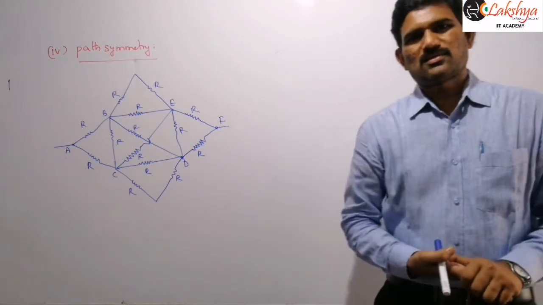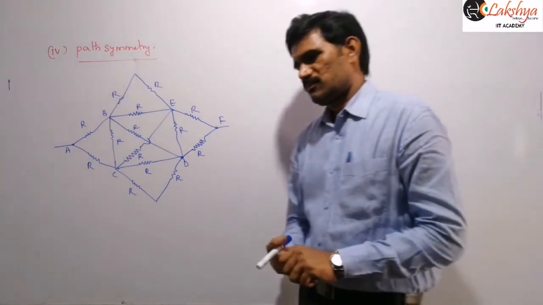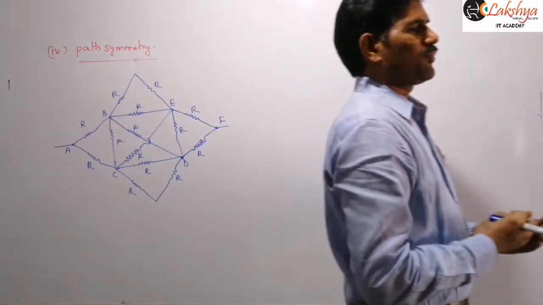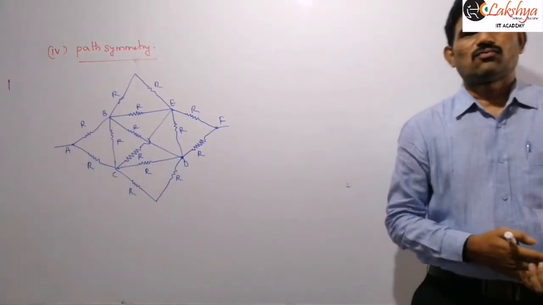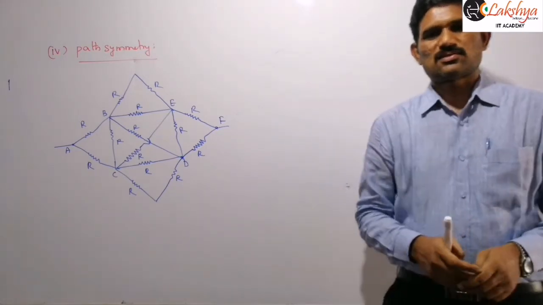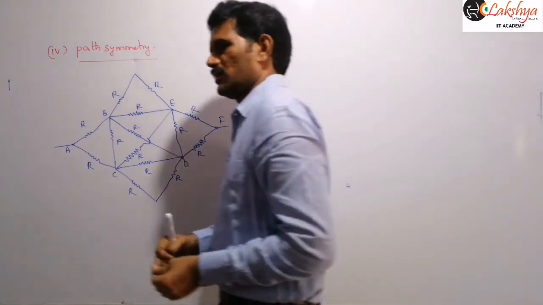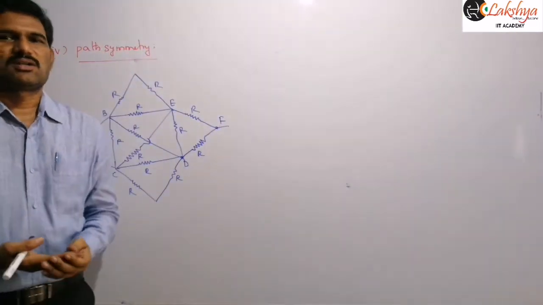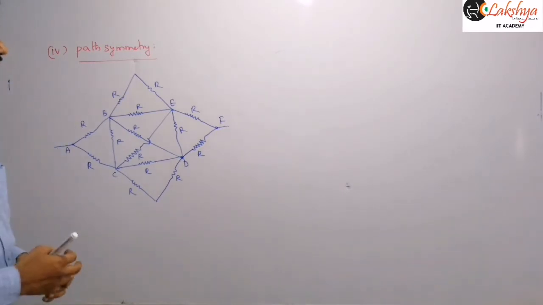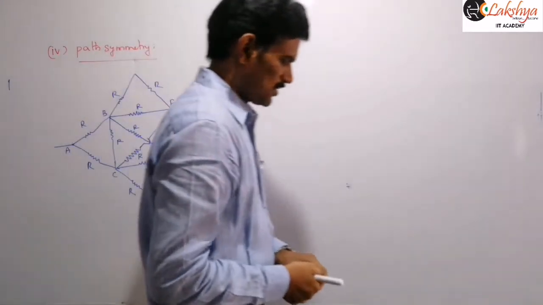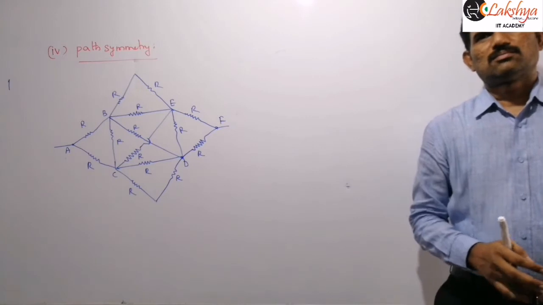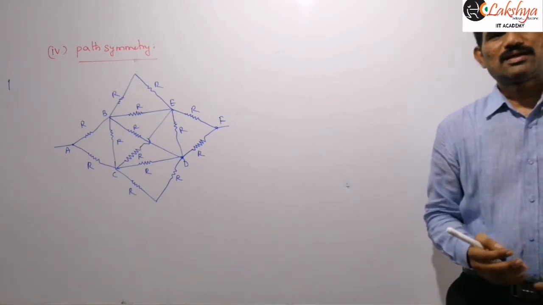If all the paths from one point to another point have the same configuration of resistors, then current will divide equally among them.